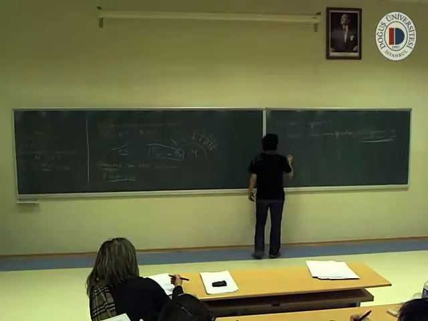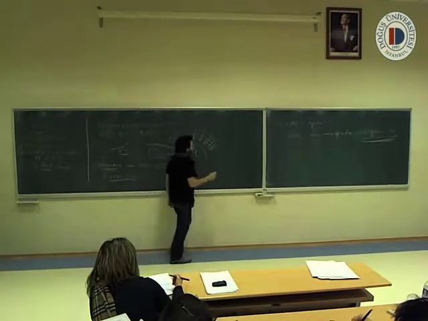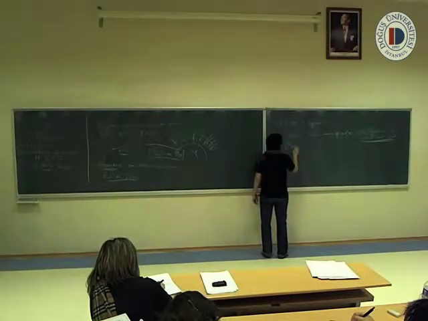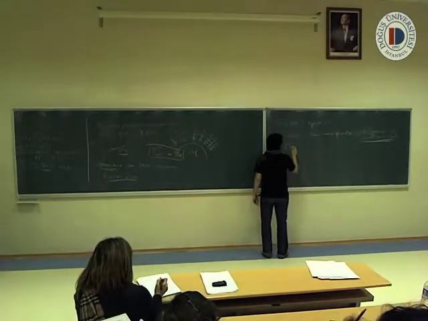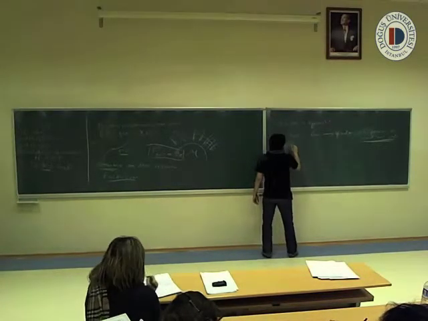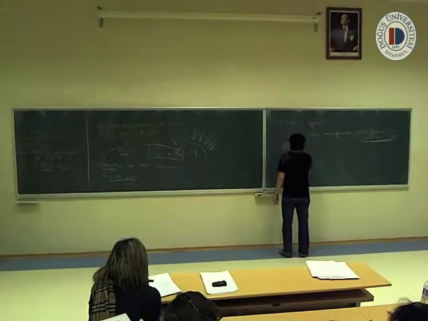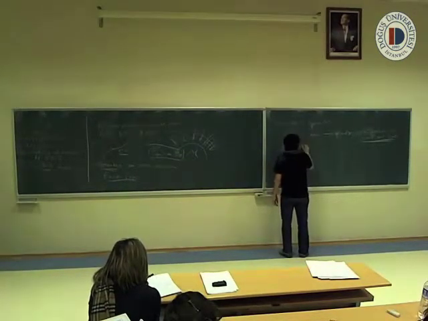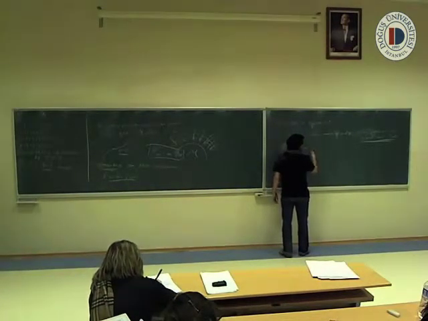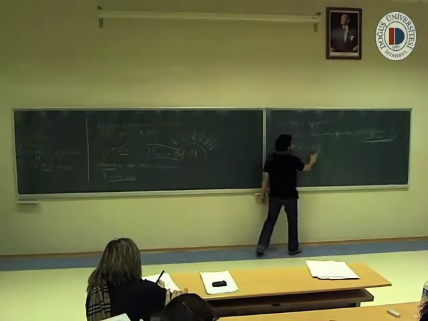You can start with Poisson's equation. Poisson's equation states that the gravitational force is due to mass distribution. The gravitational field is some constant that I will call kappa times the mass density, where rho is the mass density.